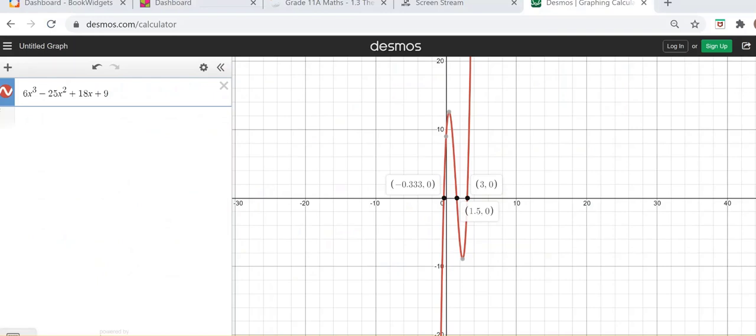If we put our function into Desmos, we can see that we have our zeros at minus a third, at 1.5, and also at 3.